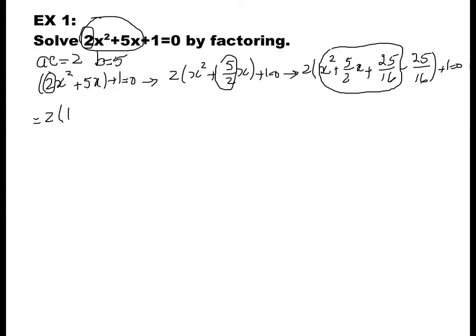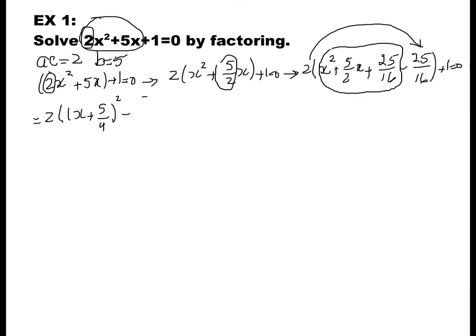We know that x squared plus 5 over 2 x plus 25 over 16 is really x plus 5 over 4 squared, because it's going to give us x squared plus 2 times the first term times the second term, which is 2x times 5 over 4, which is 5x over 2, and then 5 over 4 squared, which is 25 over 16. And then I'm going to multiply 2 by negative 25 over 16.